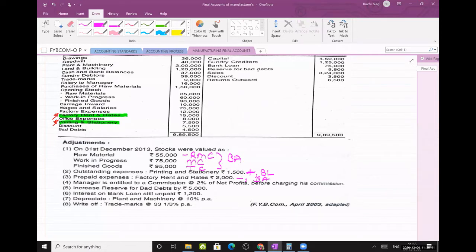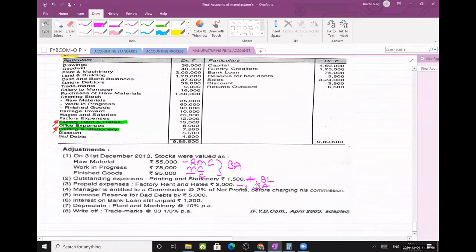Next, manager is entitled to a commission at 2% of net profit before charging his commission. No issues. So manager's salary or manager's commission, I need to check in the question if it is there. Yeah, it's there, salary to the manager, but they are telling that manager is entitled to a salary.